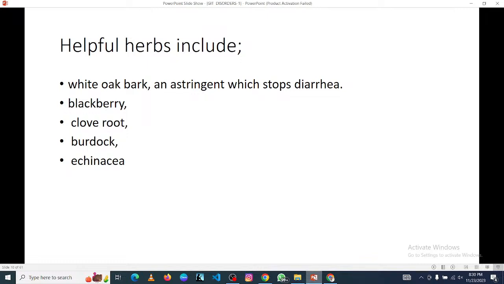But generally, when using herbs, you should use them frequently, 3 to 4 times in a day, so that they can be effective.